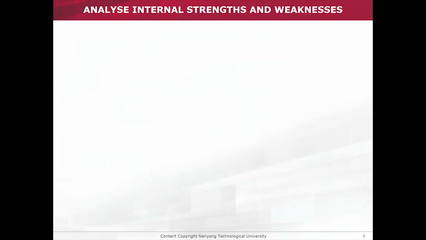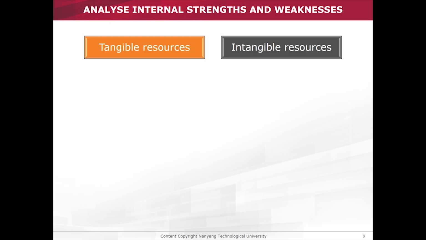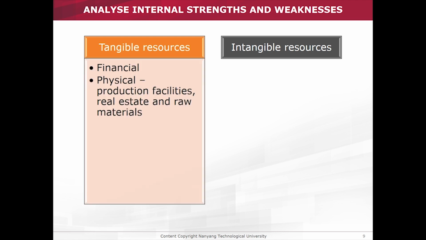Resources are the inputs an organization uses to create goods and services. They can be categorized into tangible and intangible resources. Tangible resources cover examples such as financial resources or physical resources, which include production facilities, real estate, or raw materials.